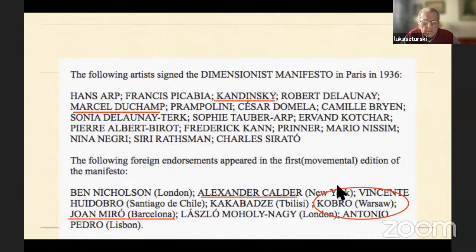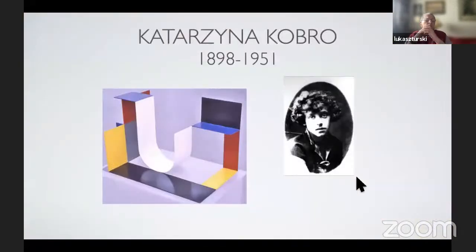And this is something which says Kobro, Warsaw. Well, that was actually Katarzyna Kobro, a Polish artist born in, I believe, what is now Estonia. And she was at that time still in Tsarist Russia.